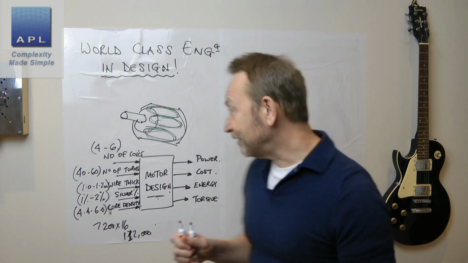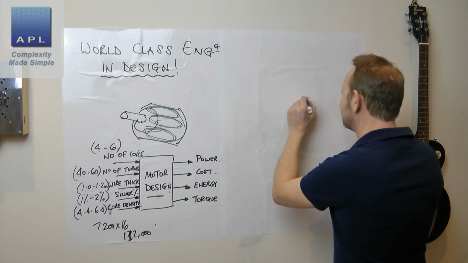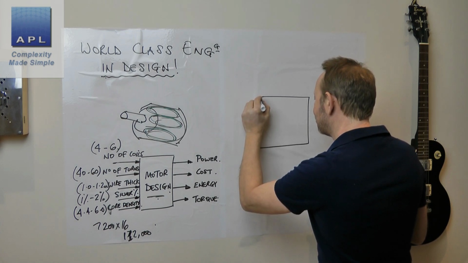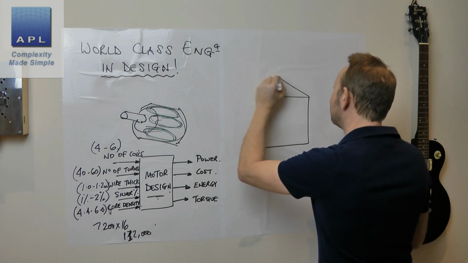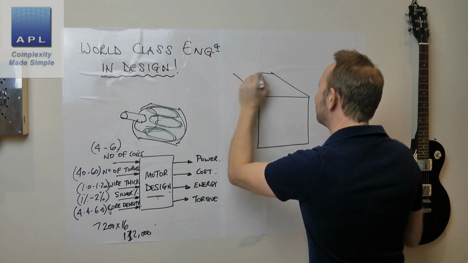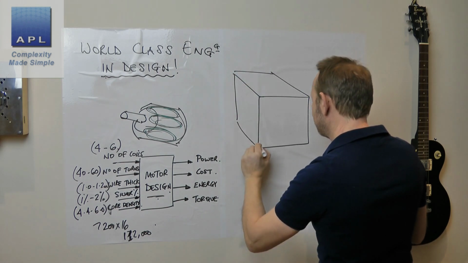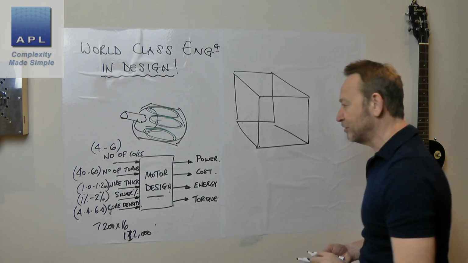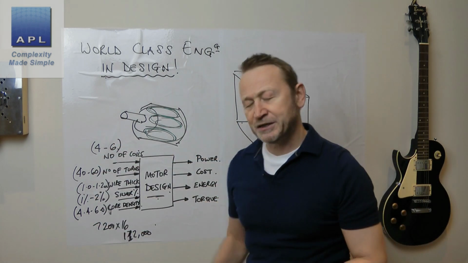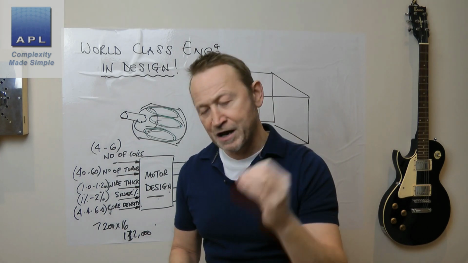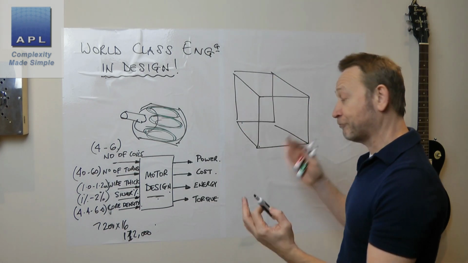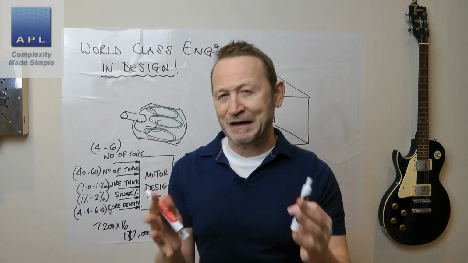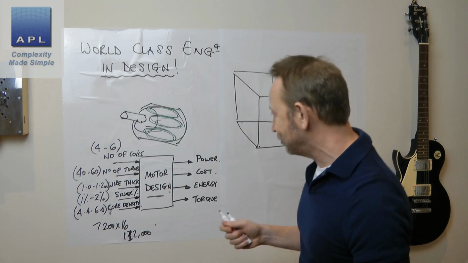Okay, so this pattern, where is it? Well, it's very simple, look. A designed experiment is going to test the design space, and it tests at the extreme of the design space. So this is the design space that your designers have just created by naming those 5 variables. Now I can only draw 3 of the dimensions because I can't draw a 5-dimensional box, but in mathematics 5-dimensional boxes do exist.